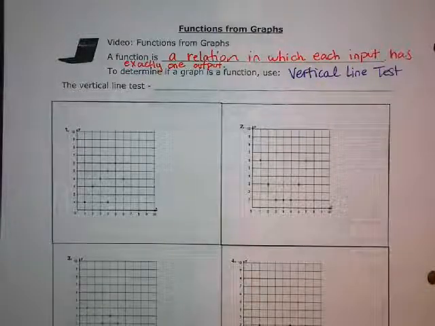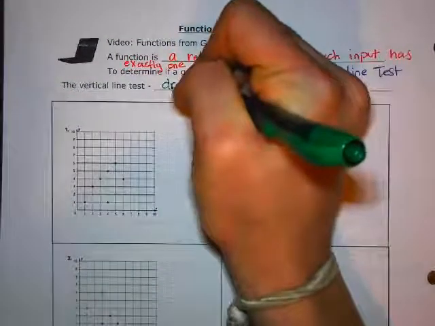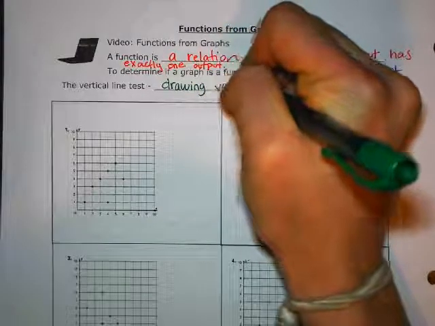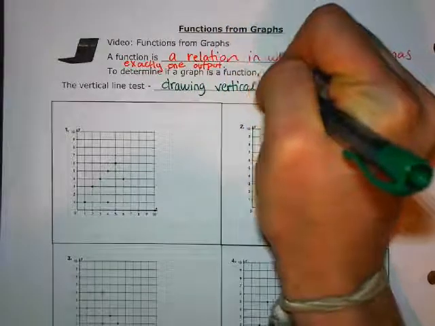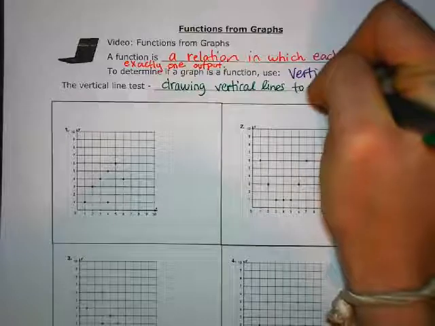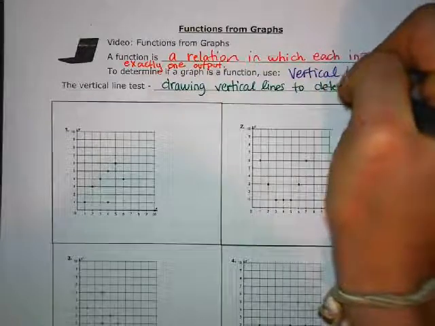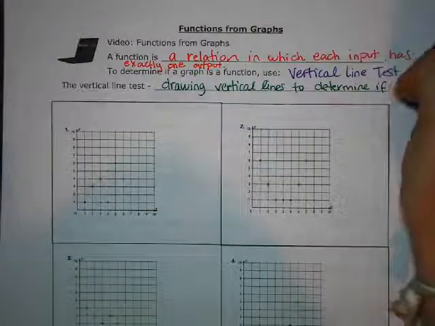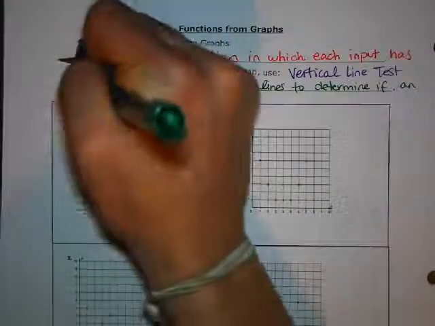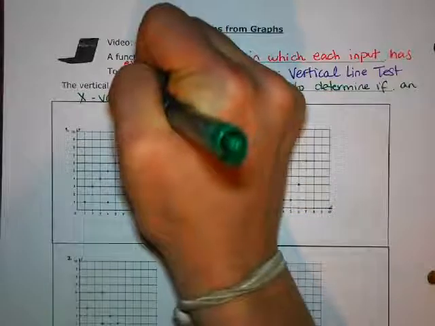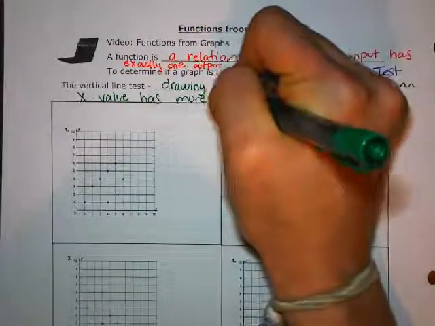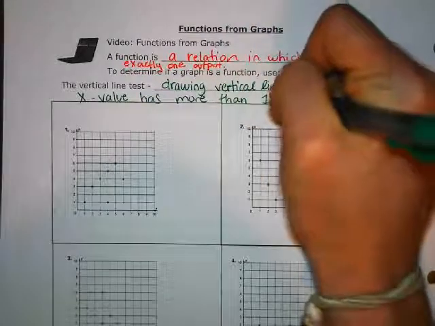The vertical line test is drawing vertical lines to determine if an x value has more than one y value.